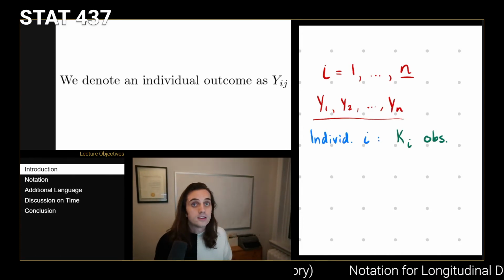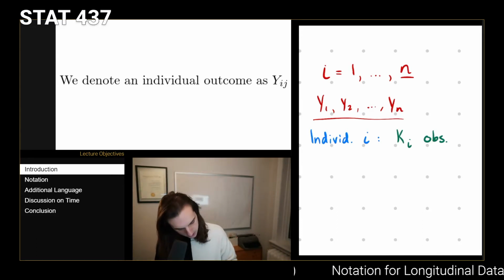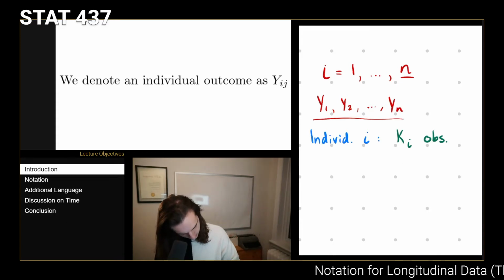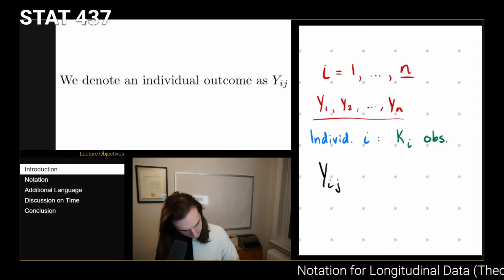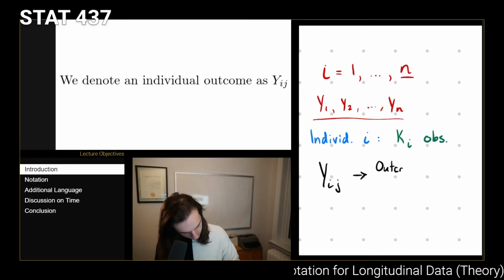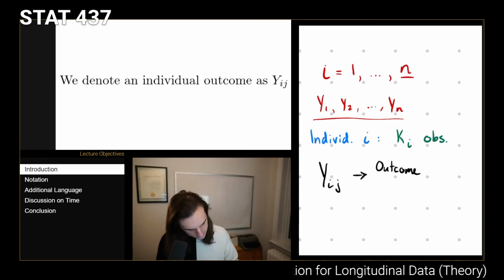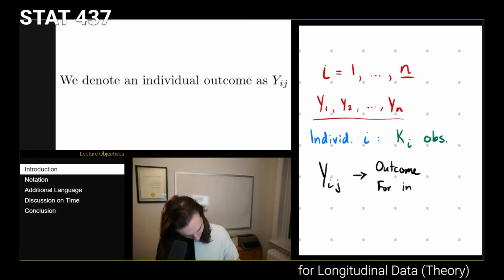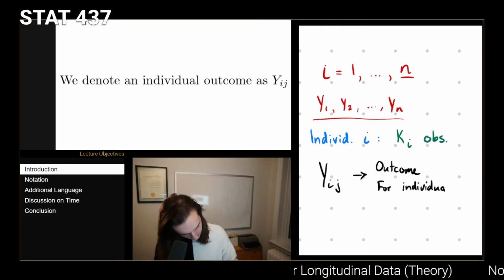And so the way that we're going to do this is using a double indexing approach. We're going to use the notation y_ij. This is going to be the outcome, and we're talking about the outcome because we're using the letter y, and y is going to represent outcomes here. And it's for individual i. This should be standard from your other stats courses.